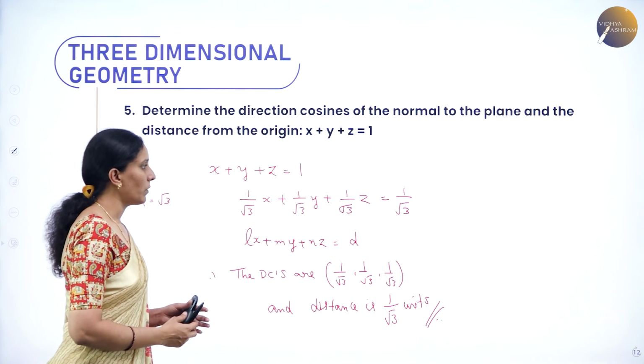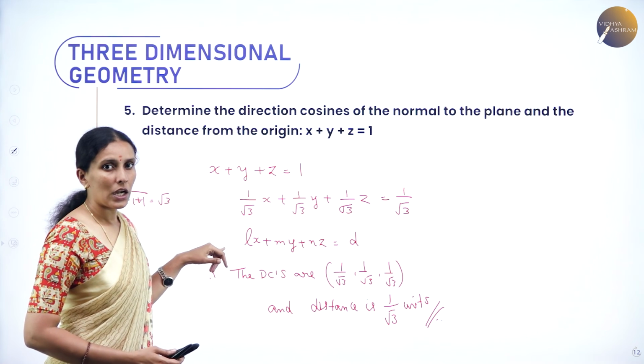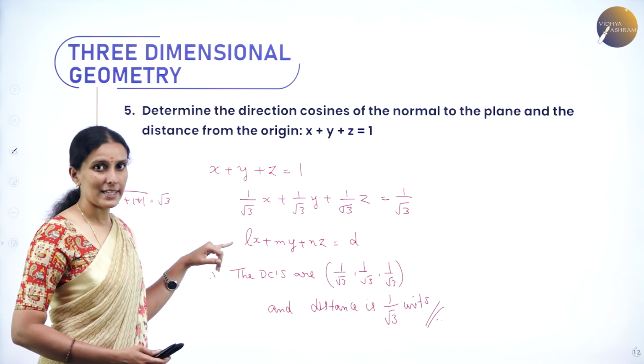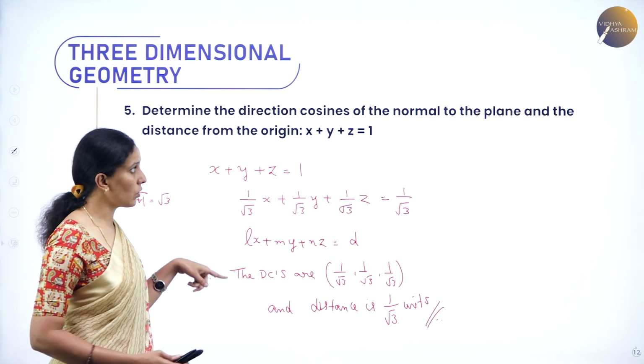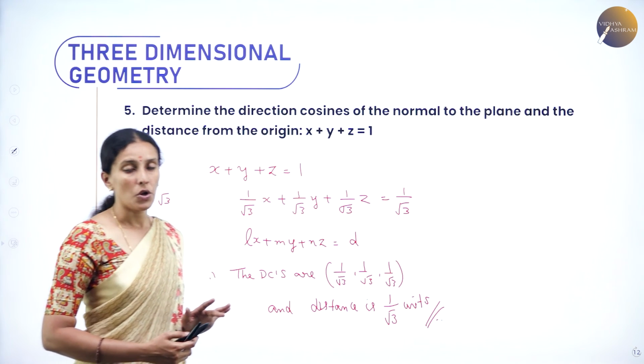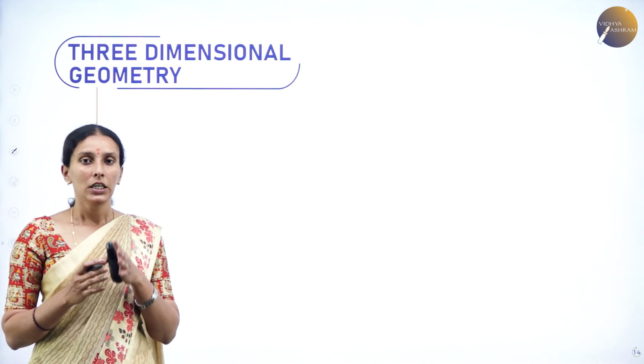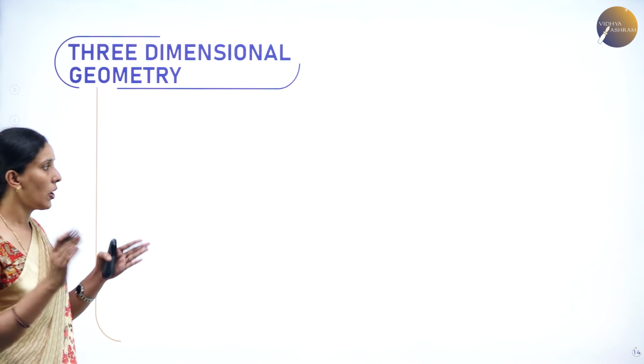So the given equation has to be converted into normal form, so that using the Cartesian form lx plus my plus nz is equal to d, we can write the direction cosines of the normal to the plane as well as the distance of the normal to the plane. So in today's session, we have learnt the equation of a plane in normal form.